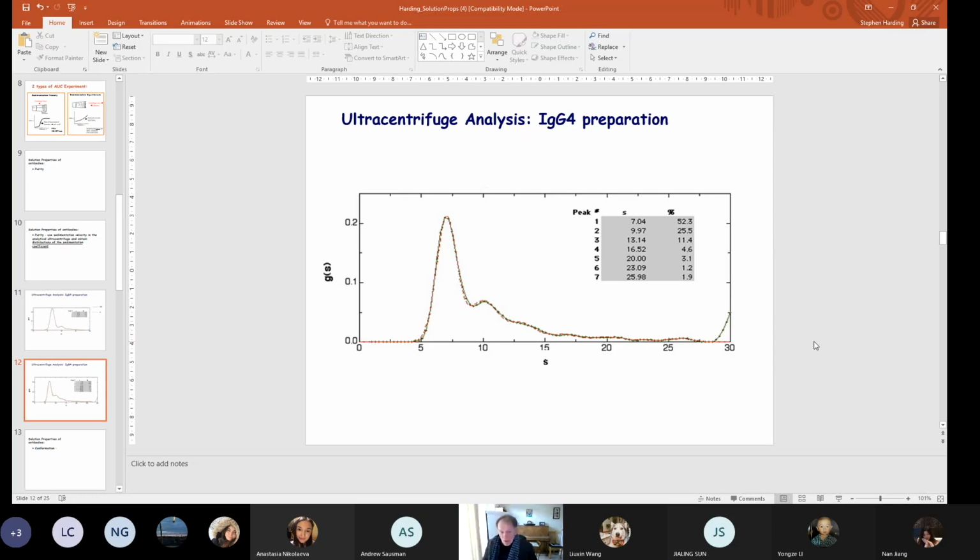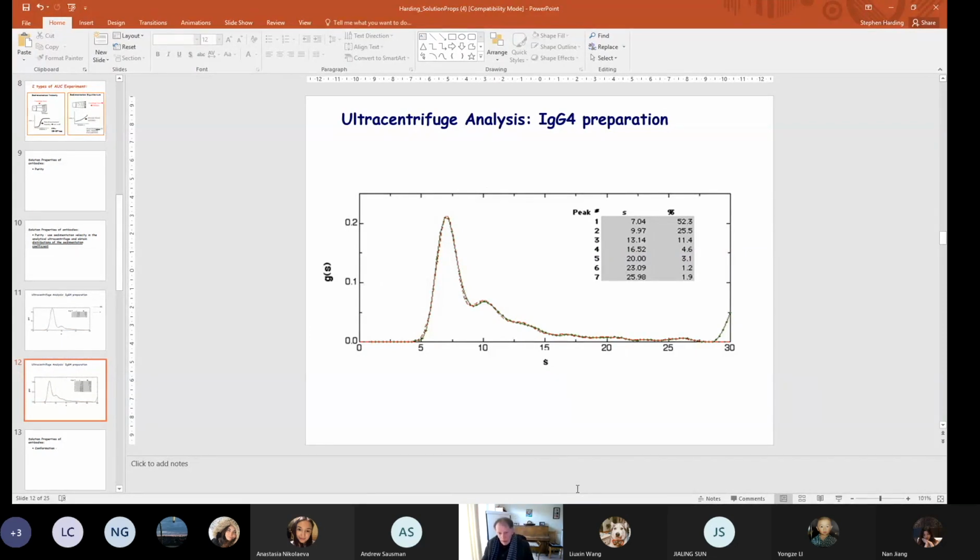whereas the ultracentrifuge, the separation is based purely on size and how that size reacts to a gravitational field. So there's no need for a separation matrix at all, and therefore no problems in terms of assuming inertness.